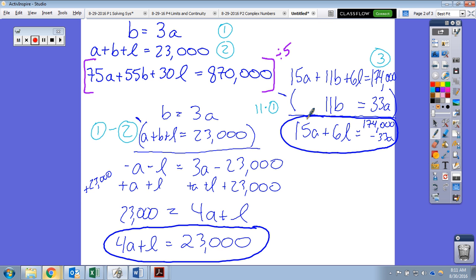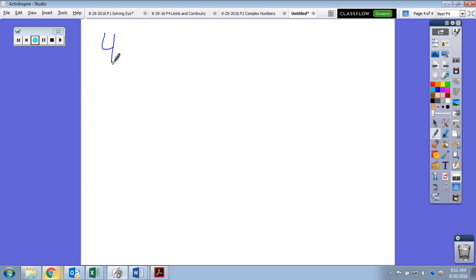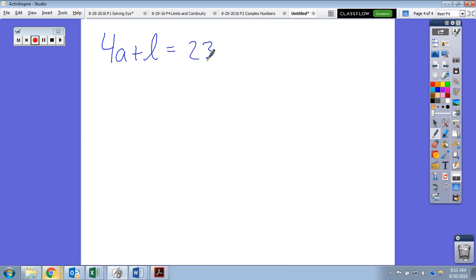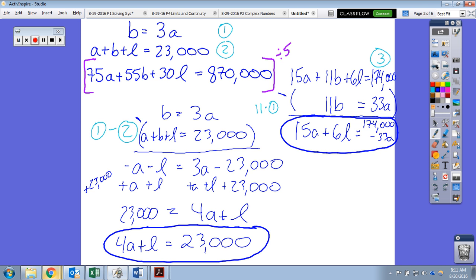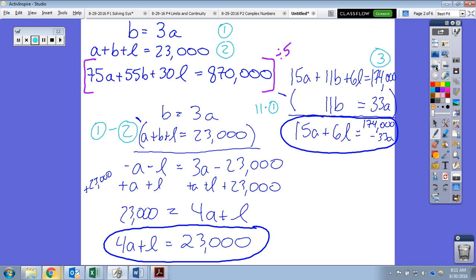All right, so let's go ahead and start a new slide. For A plus L equals 23,000. And the other guy was 15A plus 6L equals 174,000 minus 33A.